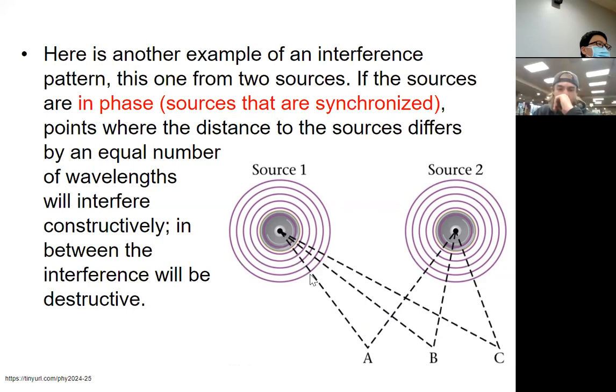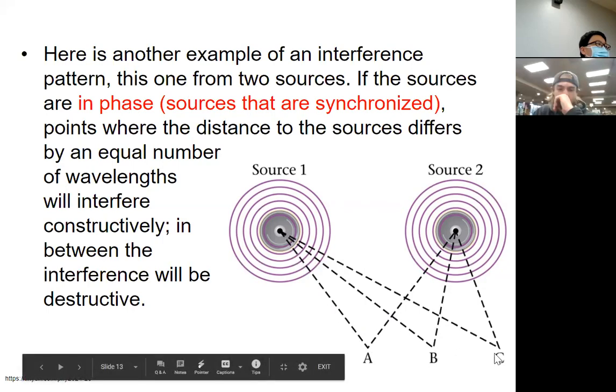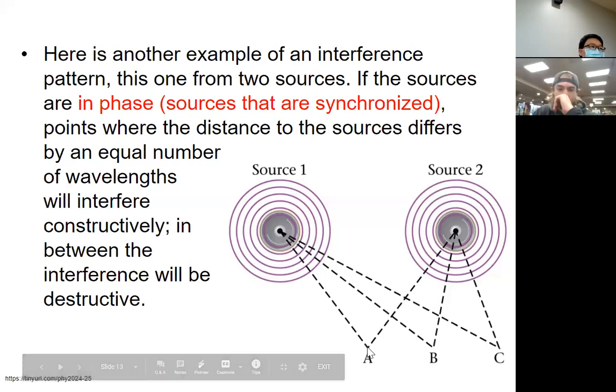But when the two waves meet at different locations, if you are in the middle here at point A, then the two waves travel the same distance to reach point A. So that means when a peak comes out of the two sources, they will meet at point A at the same time. If one wave has a peak, then the other one will also have a peak. If one has a valley, then the other one will have a valley. So at point A, they will add up.